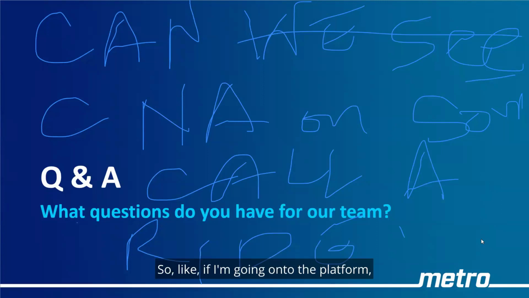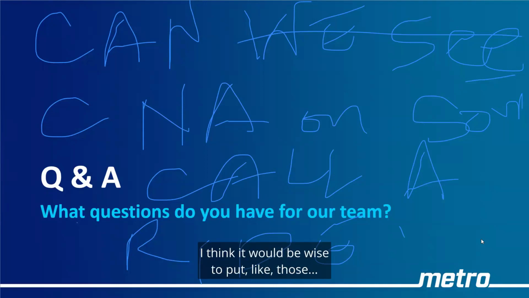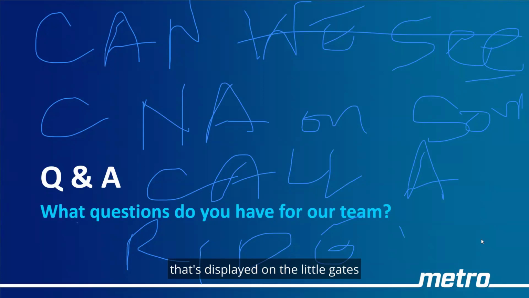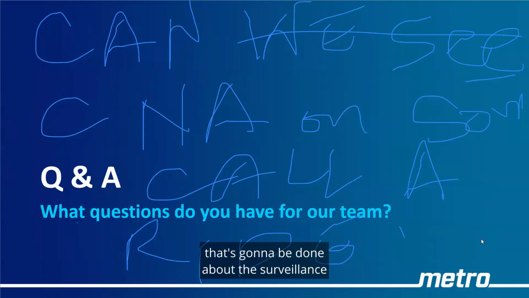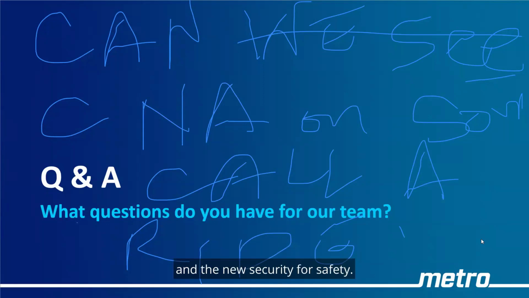So if I'm going onto the platform, let's say over by the Busch Stadium, I think it would be wise to put those, because I've been seeing little ad boards or boards displayed on the gates, because I've been seeing that you guys have been placing them in reference to the upcoming changes about the surveillance and the new security for safety.